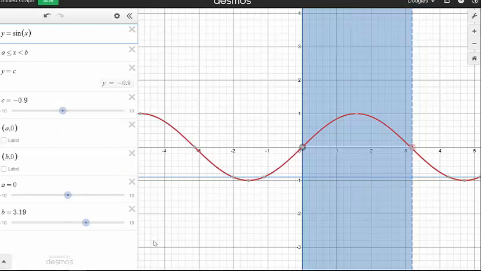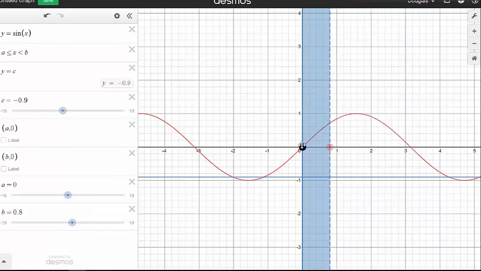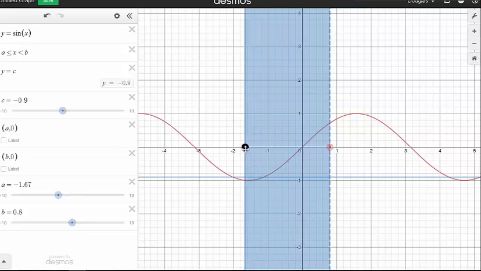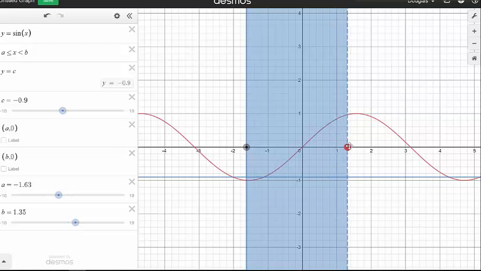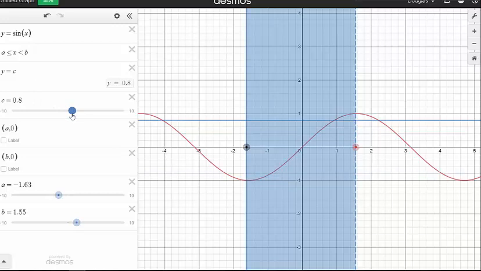Okay, so now we're at the sine function. And note that we're still here at the origin. Now we can go to the left without violating the horizontal line test. We go all the way to here. And on the right side, we can keep going until we get up to this hump right there. And so note that if we go any further, we'll begin failing the horizontal line test.